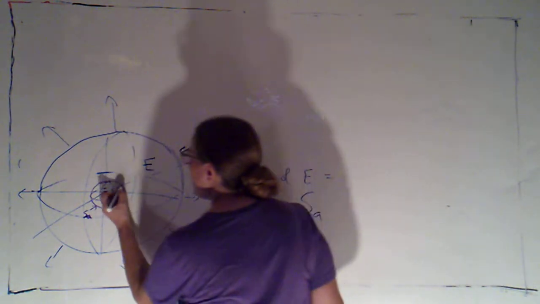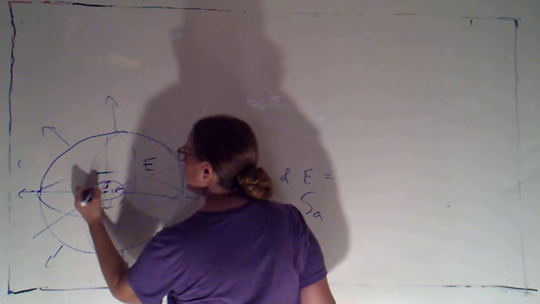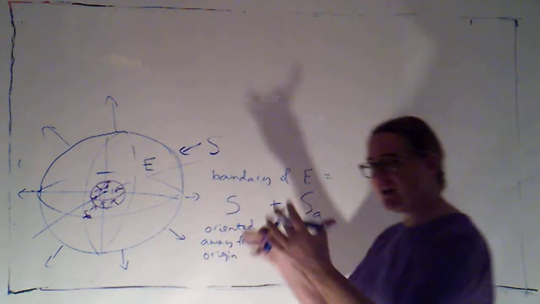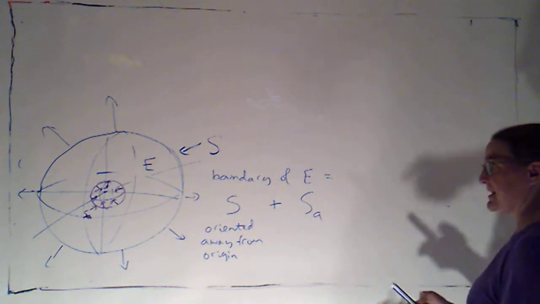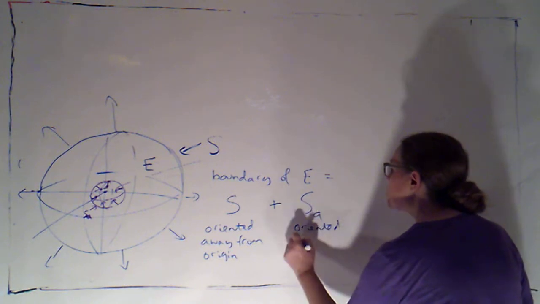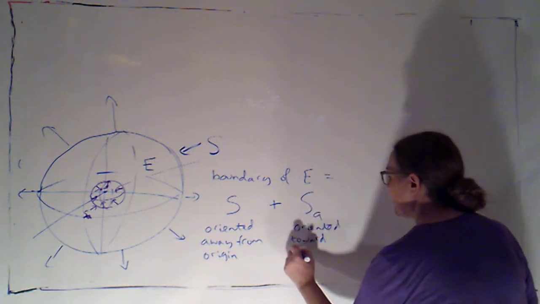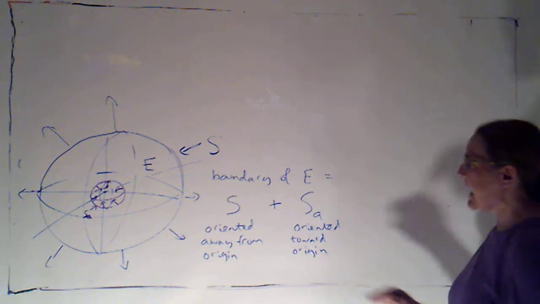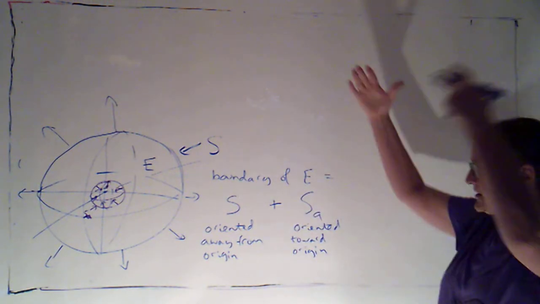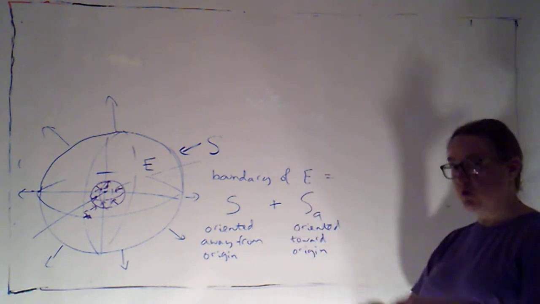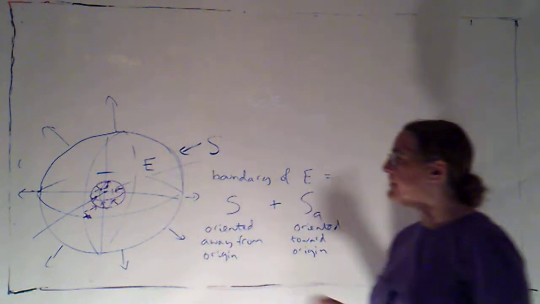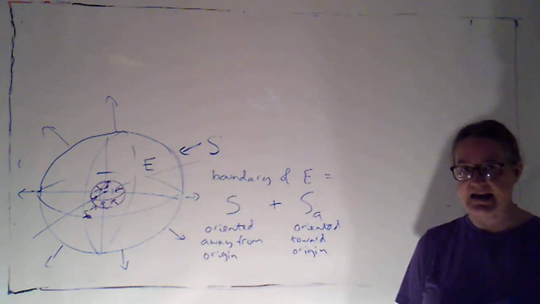Well, if I'm going away from E, then I've actually got to be oriented what I usually think of as inward towards the origin. So S sub A will be oriented toward the origin. And I can say that these two surfaces together, one oriented away from the origin, one oriented towards the origin, so that both are oriented away from E, those form the boundary of E.